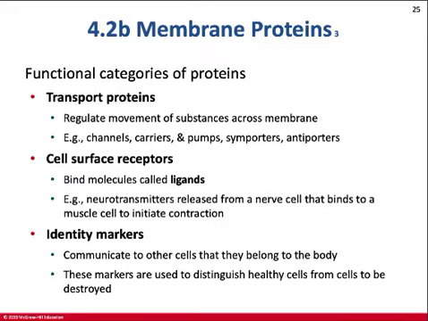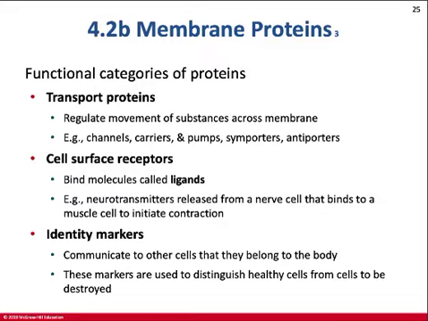Examples include neurotransmitters that can bind to muscle cell receptors to initiate contraction by opening a ligand-gated ion channel. Hormones can do similar things. Okay, they can bind ligands and initiate responses in the target cell.